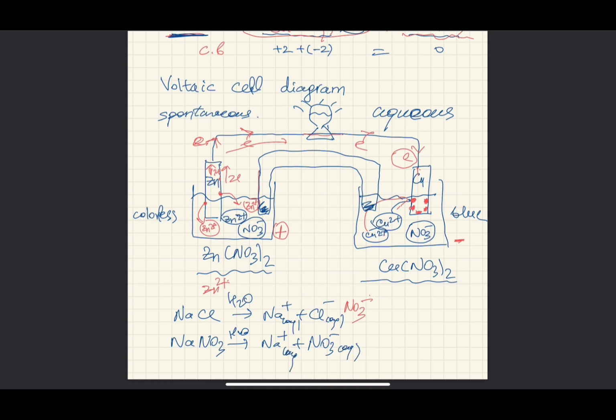Okay, so in here, because it's positively charged, all the negative nitrate ions are going to go through here and neutralize this solution, and then from here sodium plus ion will come and pass through here and make this negatively charged solution neutralized.